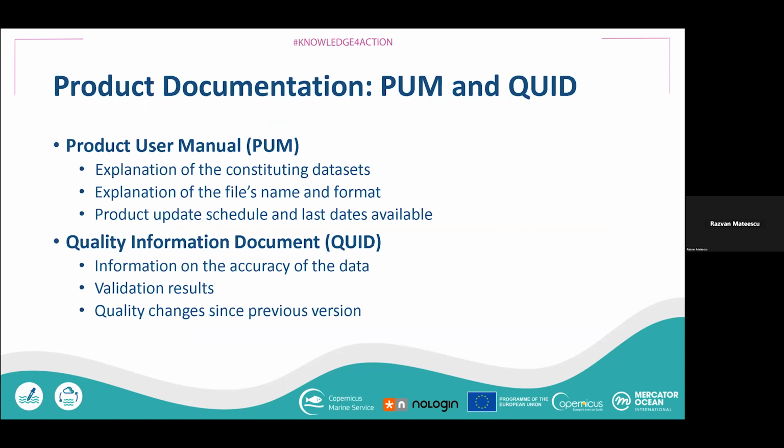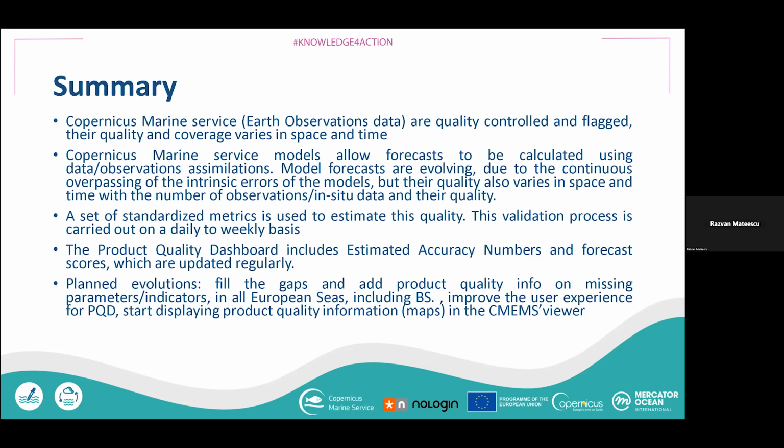First of all, it's a product user manual encompassing certain explanations on the constituent data sets, but also explanations on the file names and format, product update schedule, and also the availability of the data, together with certain quality information documents, also for information on accuracy, validations, and also quality changes in various variants of this data set.